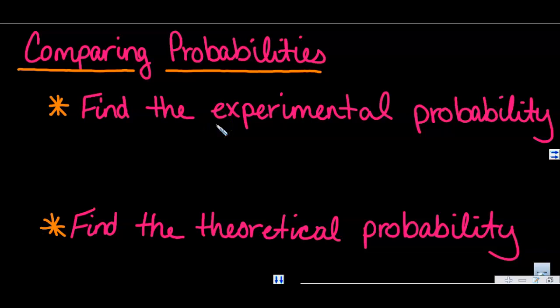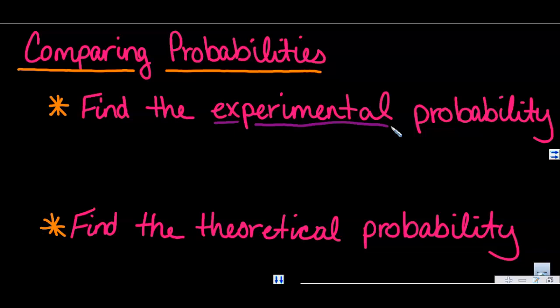Comparing probabilities. Now that we know how to find the experimental probability and the theoretical probability, we can learn how these two compare as we do trials versus what we expect would happen. For example, when we were talking about experimental probability, we did flipping a coin.